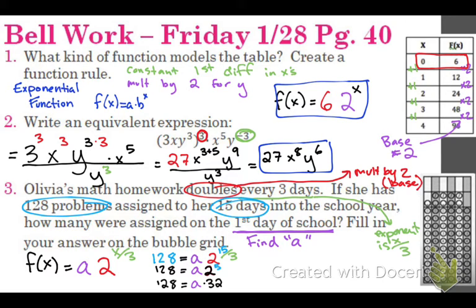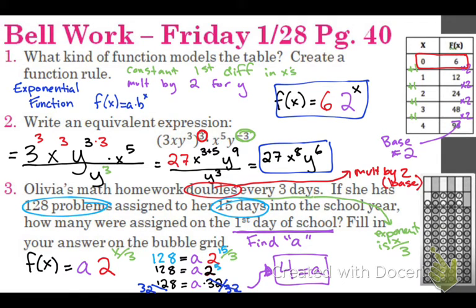And then what's our last step to get rid of the 32 and get our a alone? Divide both sides by 32. And we'll get 4. So on her first day of school, Olivia was assigned 4 problems.